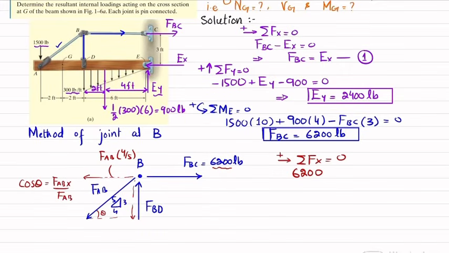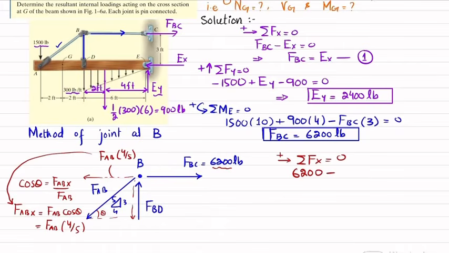So the FAB x component will be equal to FAB cos theta, and cos theta is 4 divided by 5. So this component is equal to 4 over 5 multiplied by FAB.